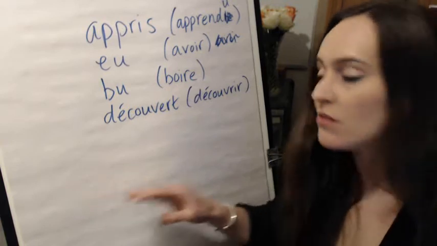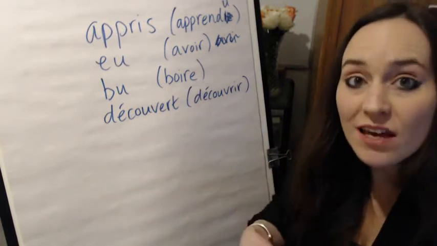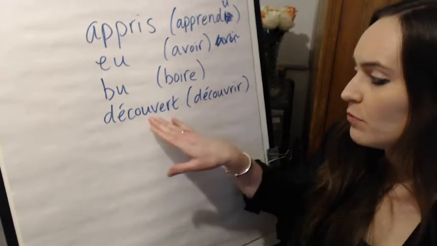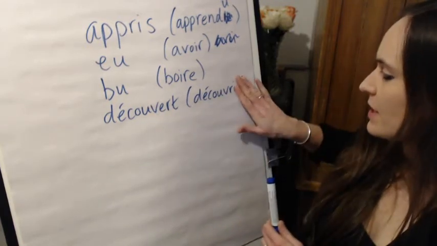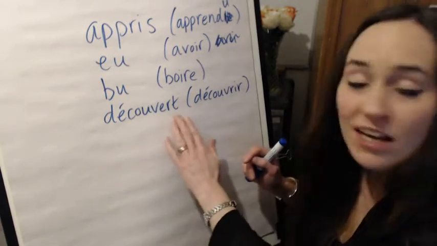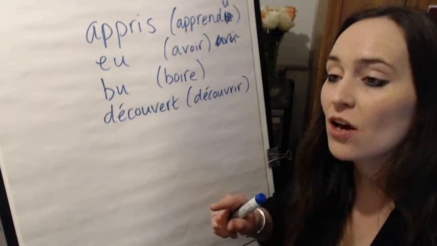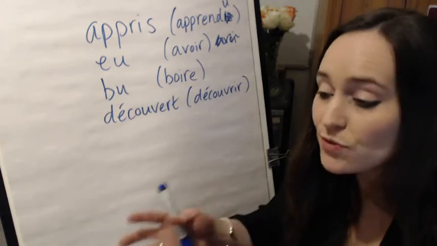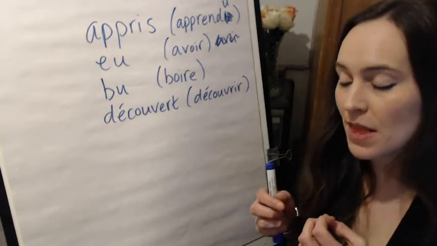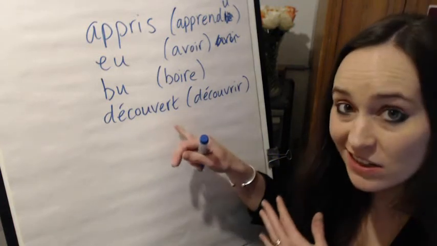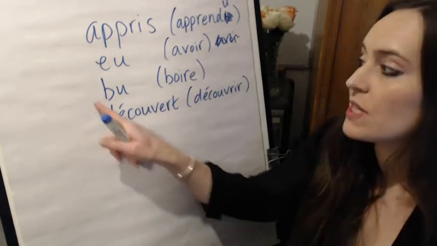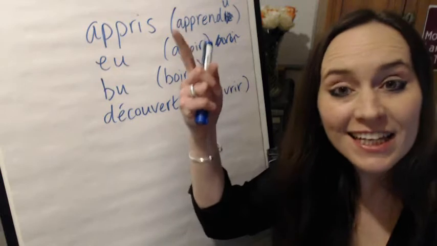Couvrir is to cover. Découvrir is to discover or to uncover, if you like. So it's an IR verb, but it's got this ending, this ERT thing. You're going to see it in offert and souffert, for to offer or to suffer. They're verbs that have this irregular ERT ending, okay? J'ai découvert, j'ai bu, j'ai eu, j'ai appris.